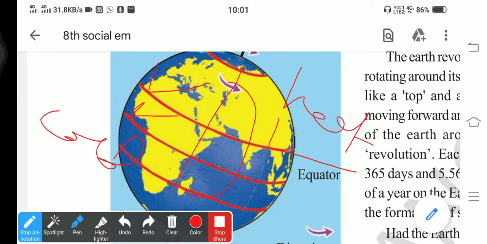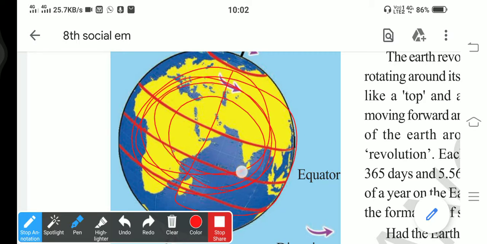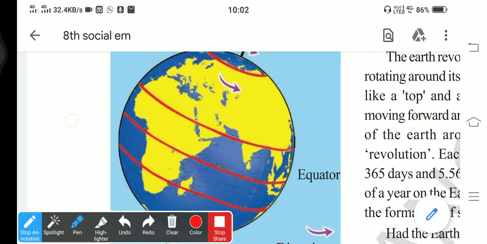What is the advantage of the earth's rotation? The advantage is that every part of the earth, as it rotates, will receive sunlight and heat.